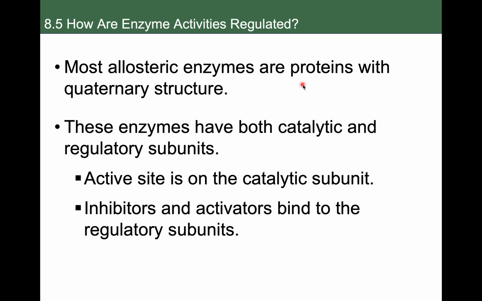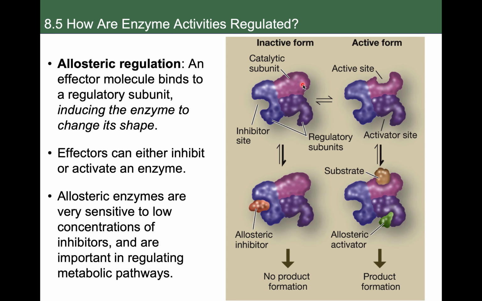And quaternary structure was something that only some proteins have, and this referred specifically to proteins that are made up of multiple polypeptide chains. So that's usually the case with these particular enzymes. And I think I'll just show you the image here.